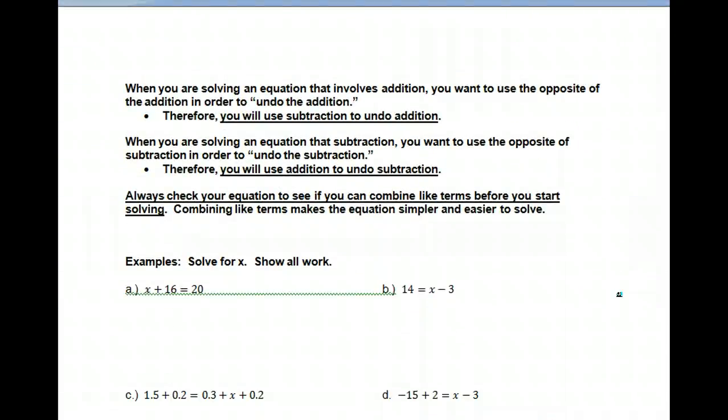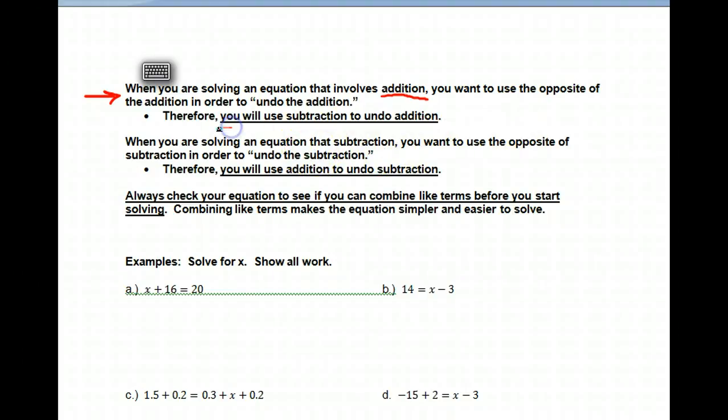So what I would like you to focus on now, okay, is that very simple rules here. When you are solving an equation that involves addition, you want to use the opposite of addition in order to undo it.